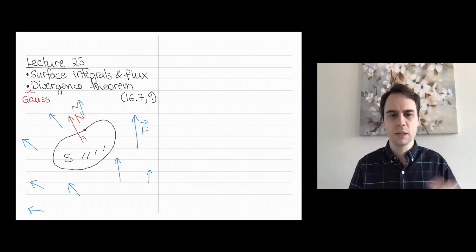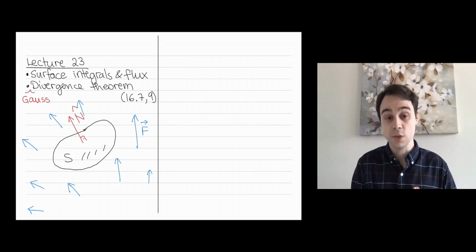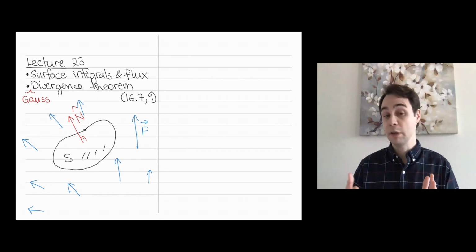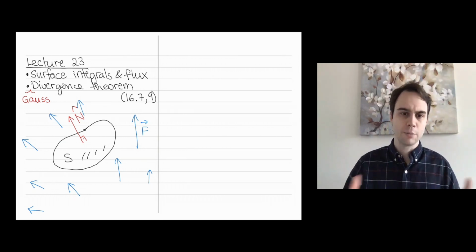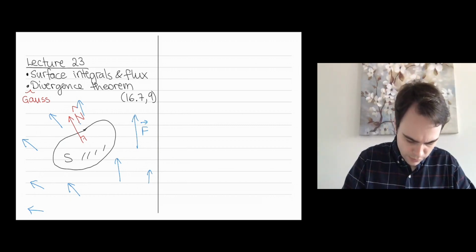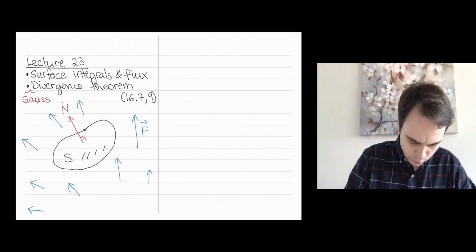A curve wouldn't divide space in two in 3D, but it does in 2D. So if I were, say, in 10 dimensions, we would be computing flux of a vector field across a 9-dimensional hypersurface.